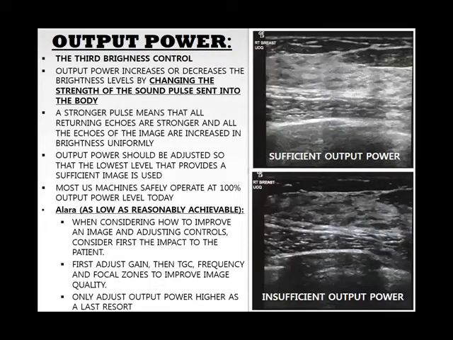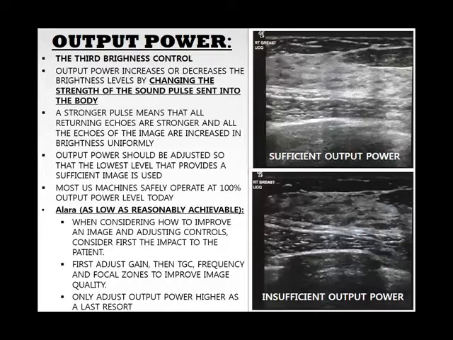So output power is the third brightness control. Output power actually changes the strength of the pulse that's sent into the patient's body. So we really want to pay attention to the output power setting on an ultrasound machine. When you send a stronger pulse into the body, you're getting stronger reflections back, so you're going to get a brighter image.